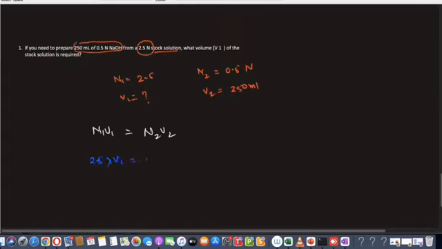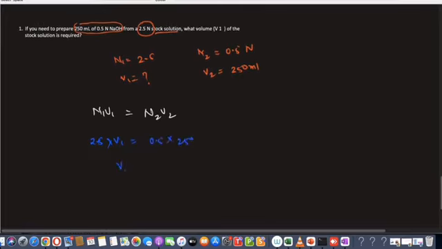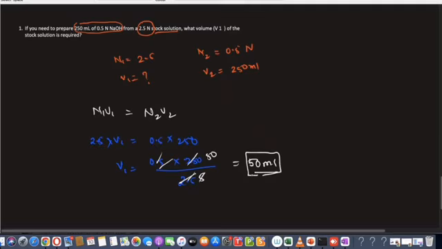V1 I don't know. N2 is 0.5, and V2 is 250, right? From this you can easily calculate V1 as 0.5 times 250 divided by 2.5. So it comes out to be 50 milliliters. So 50 milliliters of stock solution you must take and add.